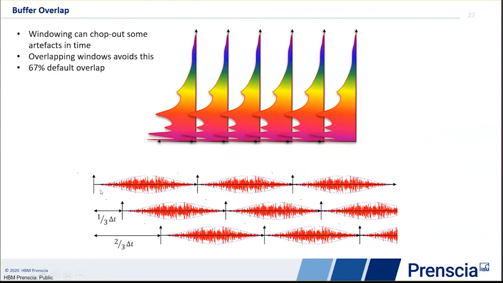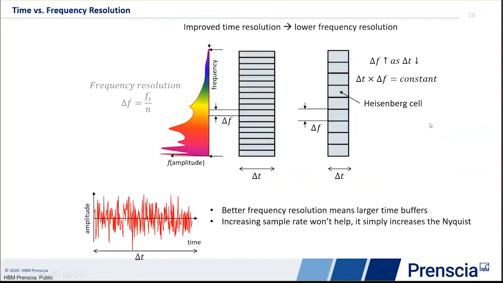Now we can see here buffer 1, buffer 2, buffer 3, and buffer 4, buffer 5, buffer 6, buffer 7, buffer 8, buffer 9. This is overlapped by 67% here, then again overlapped by 67% here. To minimize the attenuation of a large portion of the signal, buffer overlap is used here.